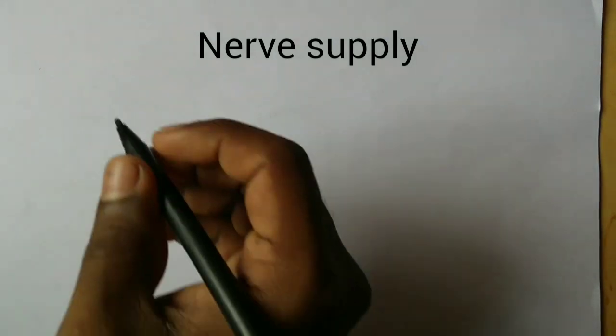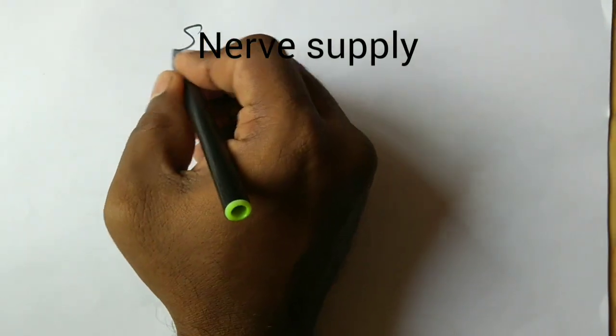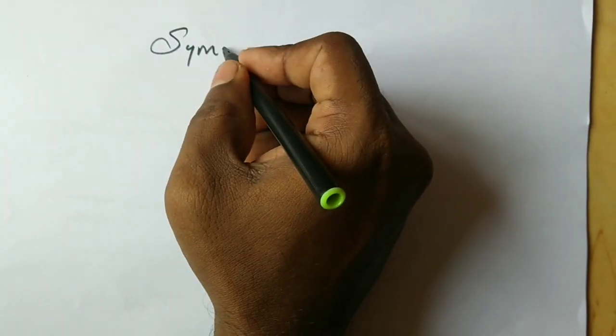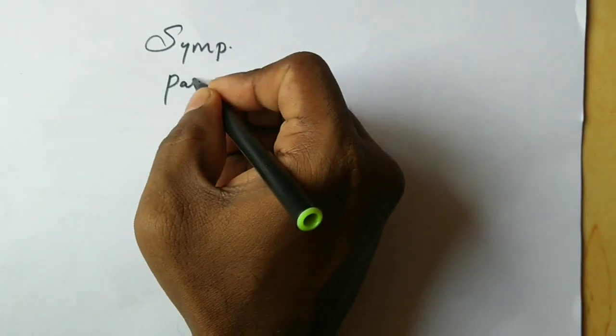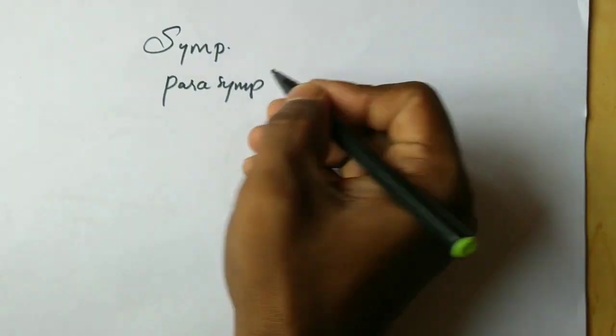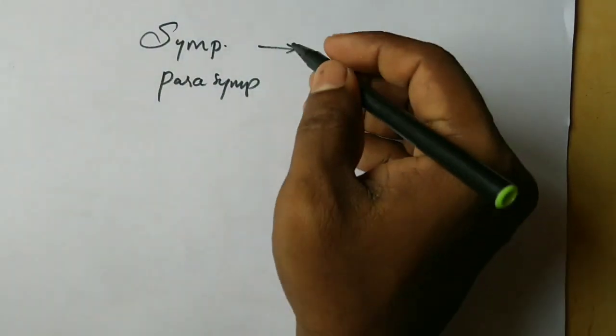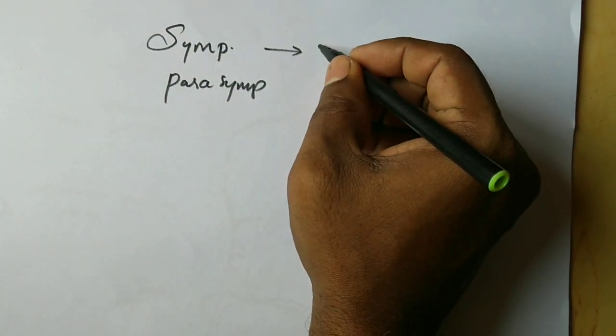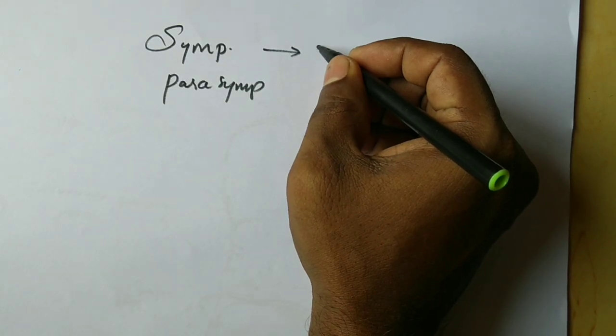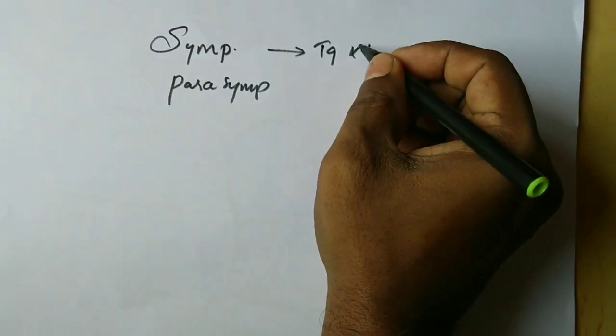Coming to the nerve supply, the duodenum receives both sympathetic and parasympathetic nerve supply. The sympathetic will reach the duodenum via the spinal segments T9 and T10.